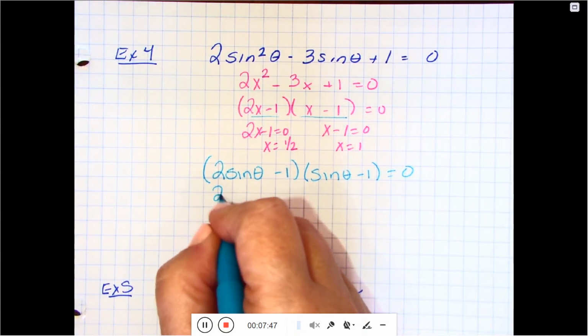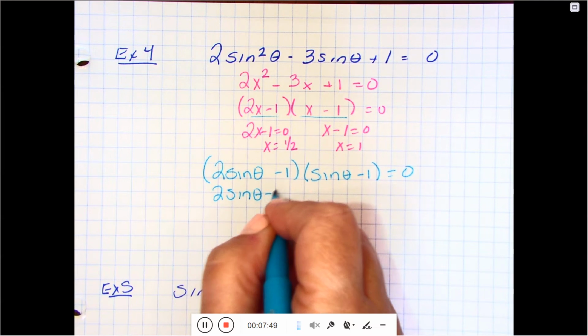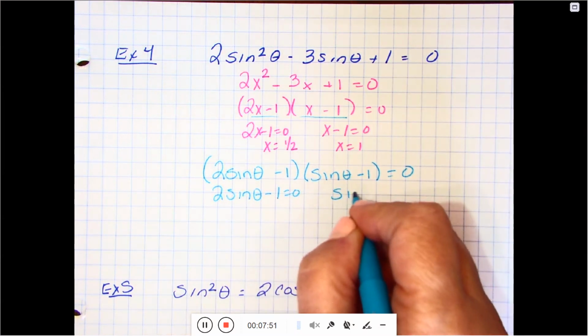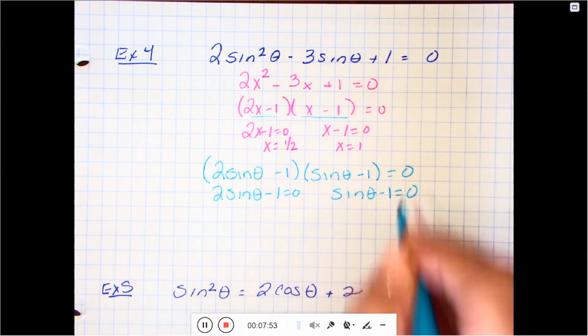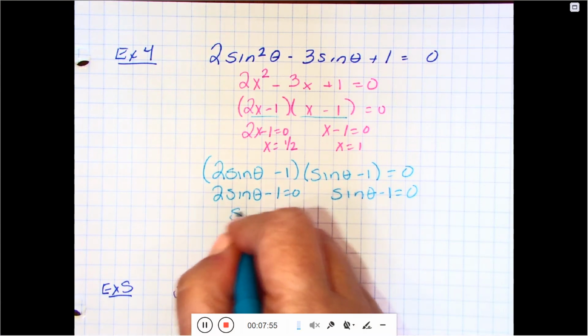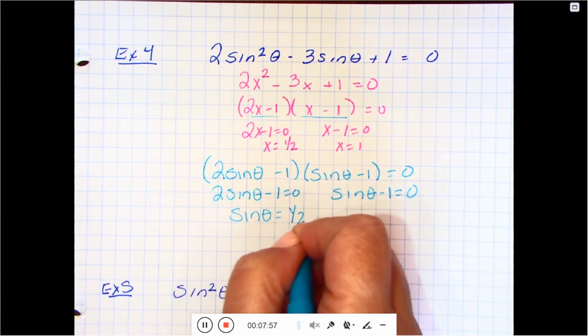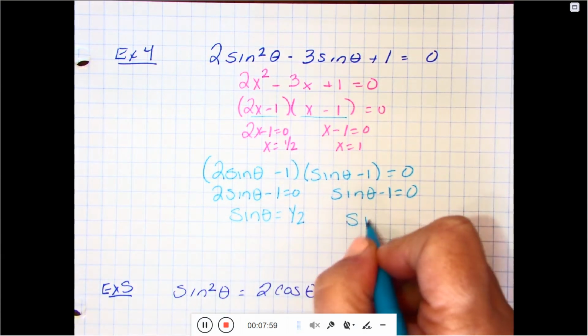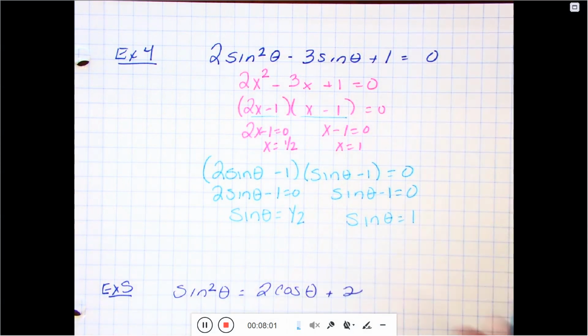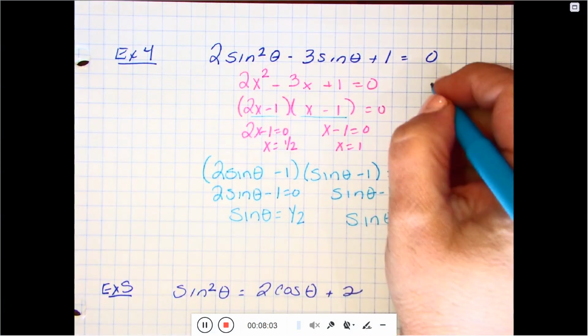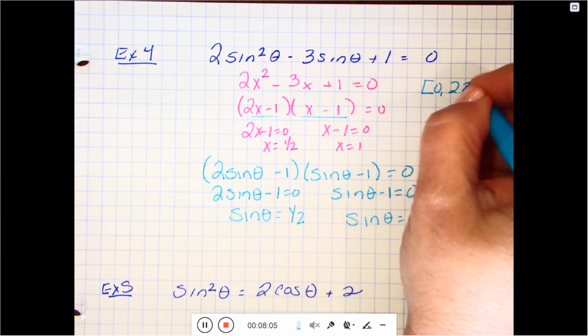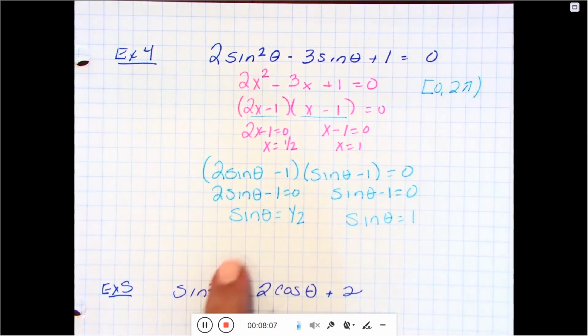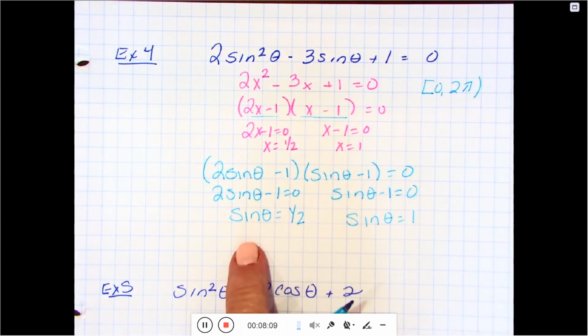So I would set 2 sine theta minus 1 equal to 0, and sine theta minus 1 equal to 0. This would give me the sine of theta is a half. This would give me the sine of theta is 1, and I need all the theta, and remember the directions, between 0 and 2 pi that satisfy this or both.